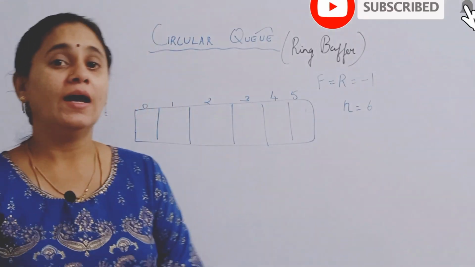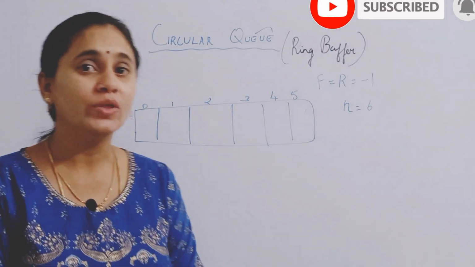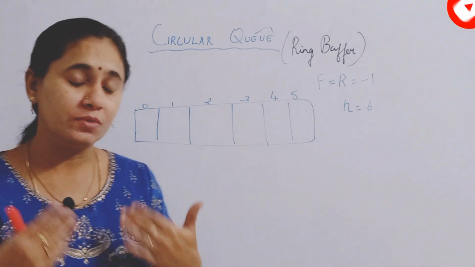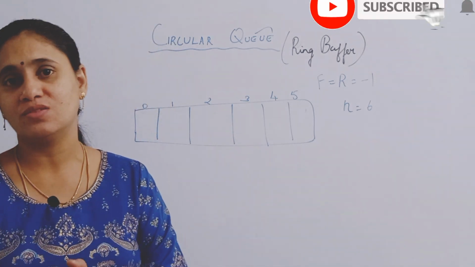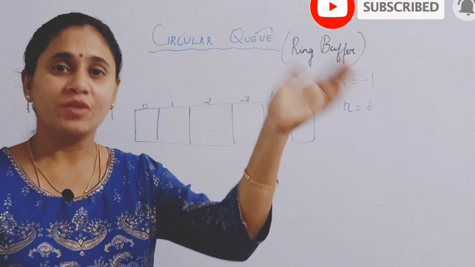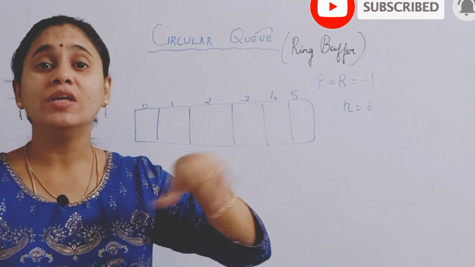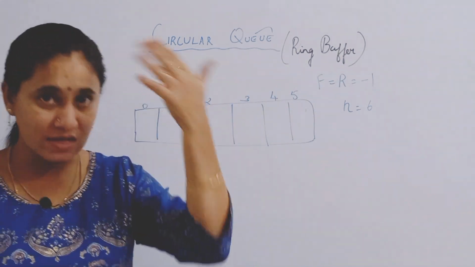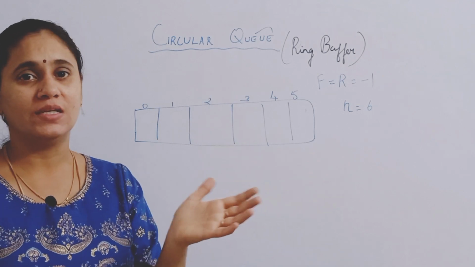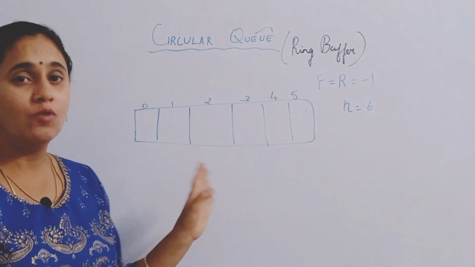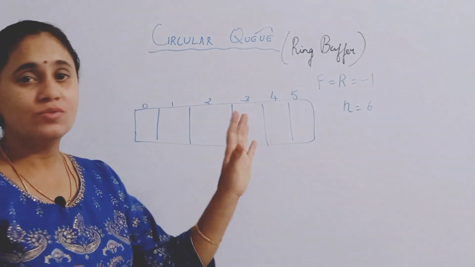So friends, I think by now you will be clear about the manual operation, the internal operation of a queue data structure. We are just going to form a cycle to navigate the pointers from the last to once again point to the first index.